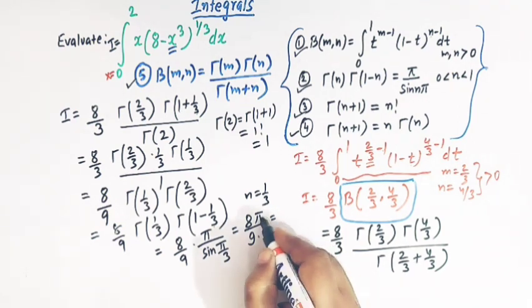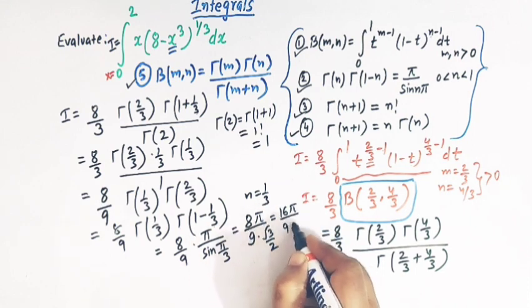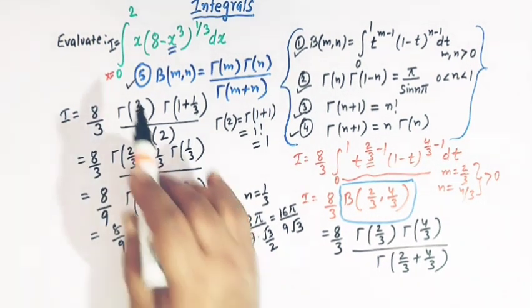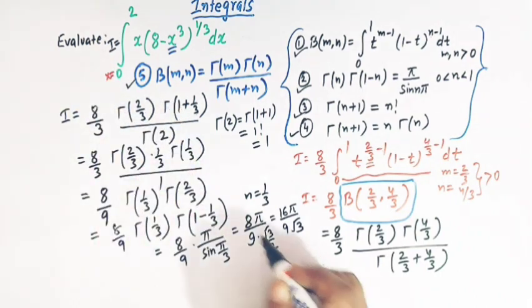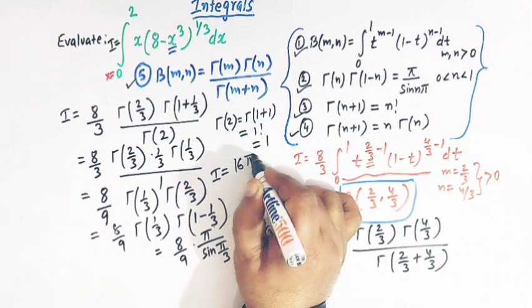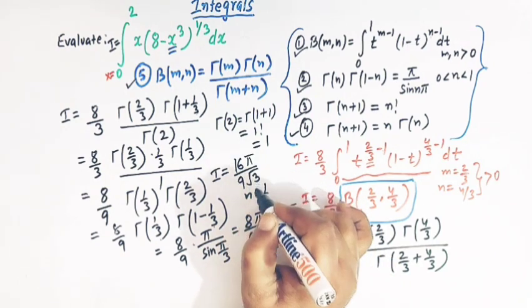So taking 2 to the numerator, we have 2 times 8 pi, that is 16 pi, divided by 9 times square root of 3. So viewers, the value of this integral is given by 16 pi divided by 9 times square root of 3.